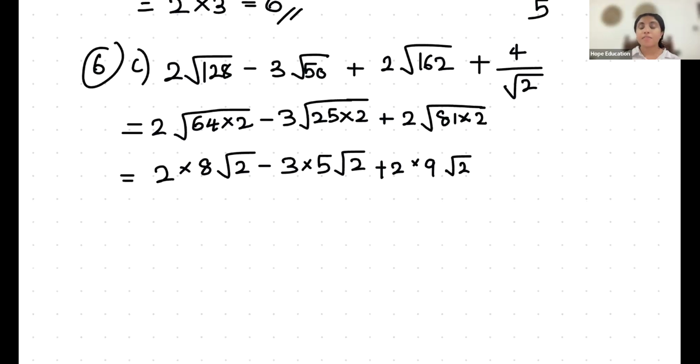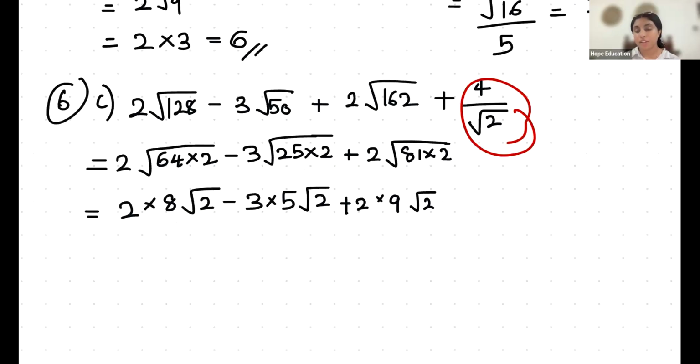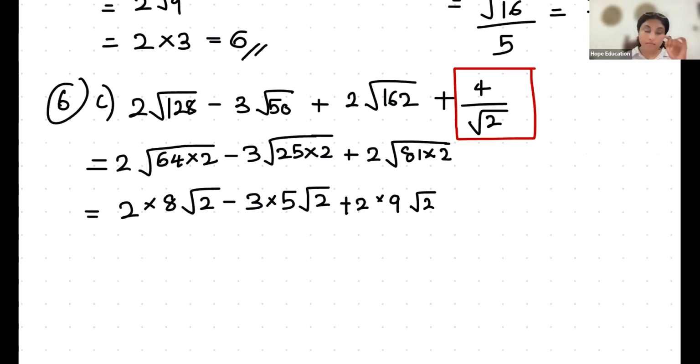So we simplify those three like that. What about this? What is the simplification that we can do here? If you take this part, what is the simplification that we can do here? How did you do it?